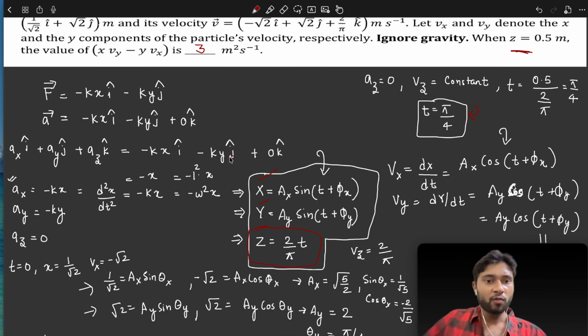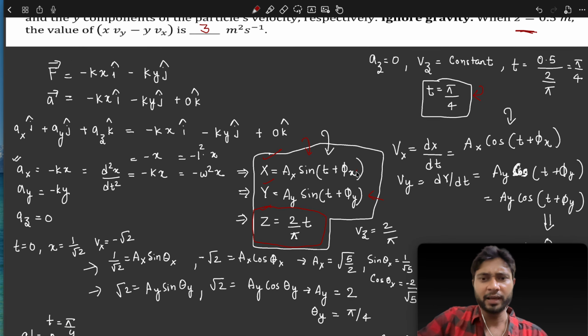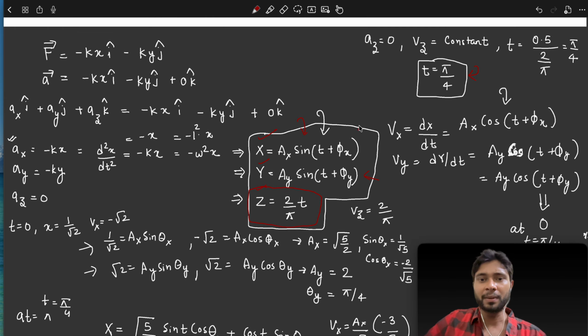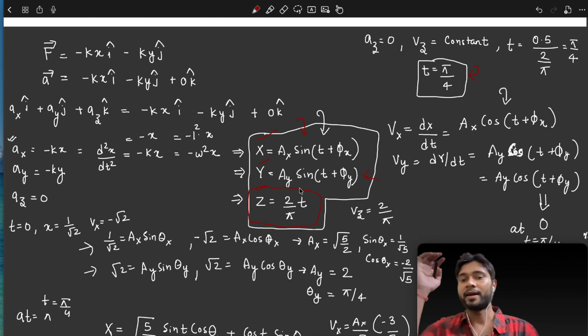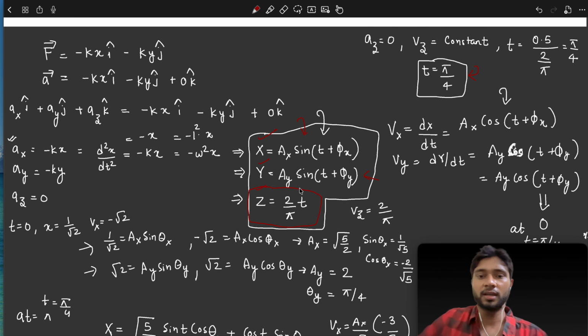Now what we did, since we know that in x and y direction they are performing SHM, we just simply write the simple SHM equations, and with the initial parameters which were given, that is the initial value of velocity and coordinates, we figured out the value of Ax and phi x.